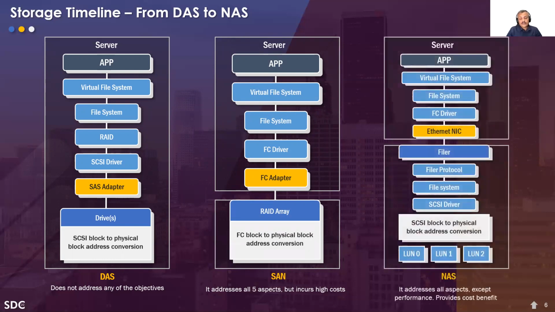And then the next type of topology which came up was NAS, which addressed more or less all the objectives. Now, there was a little trade-off done over here because it employed the existing Ethernet, and it tried to exploit the same copper infrastructure available in the data center, implementing fast Ethernet over it.